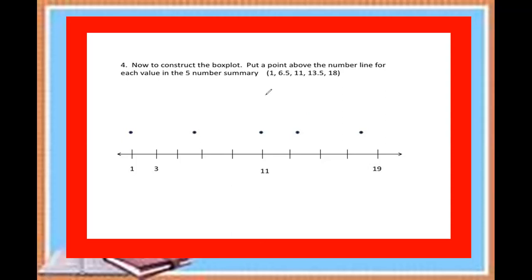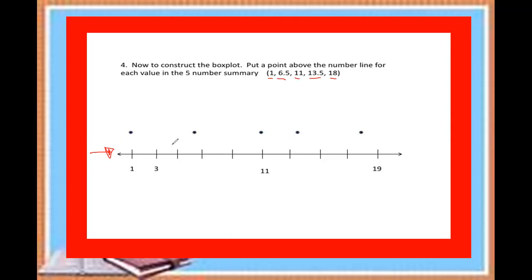As an example, we have here, take note, the lowest value, the maximum value, the lower quartile, the upper quartile, and the median. So the next step, if we have already this number line, is for us to put the dot on the 5 values that we had already solved.